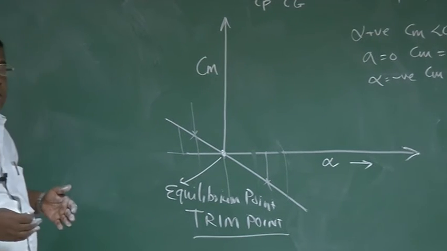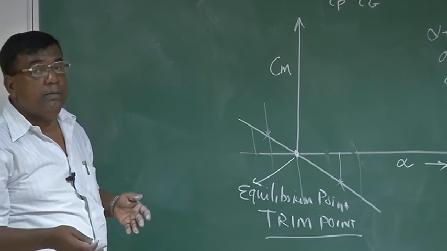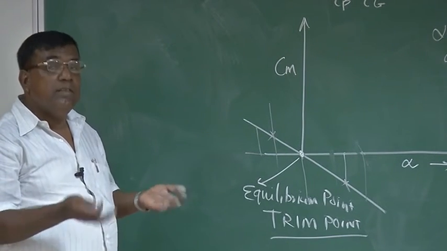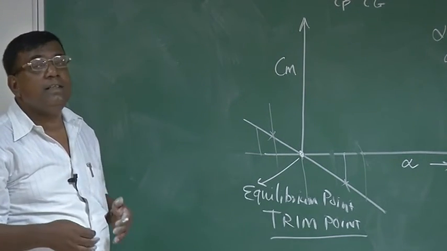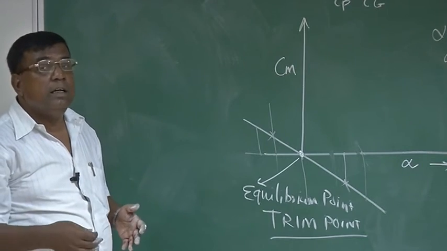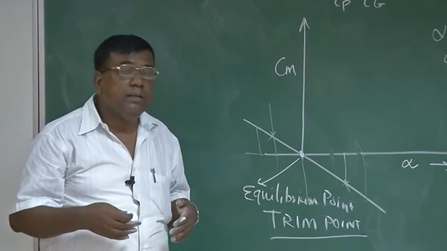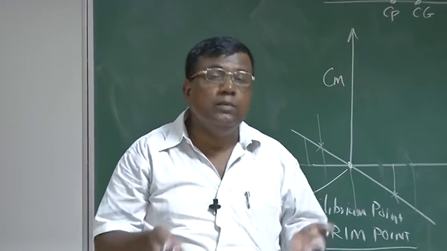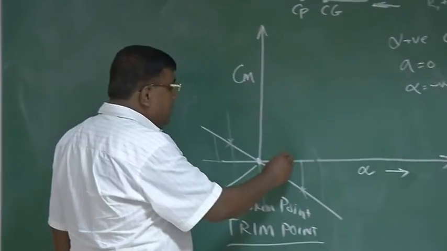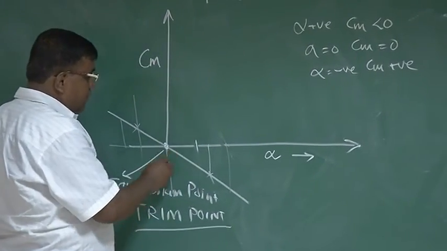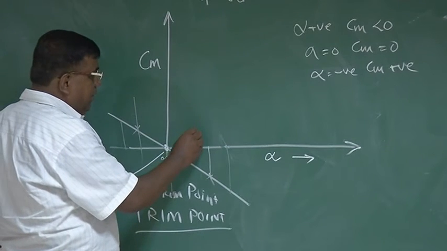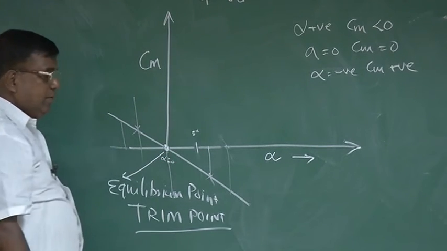If I disturb the system about its equilibrium and if it has an initial tendency to come back to the equilibrium, I will say it has static stability. The catchword is: if it has an initial tendency to come back to equilibrium. Let's say I have given a disturbance here. It was alpha equal to 0, and some alpha of 5 degrees or so I have given as a disturbance.